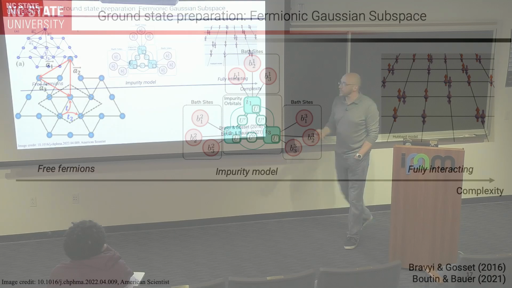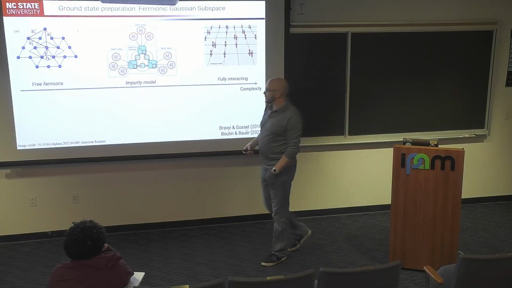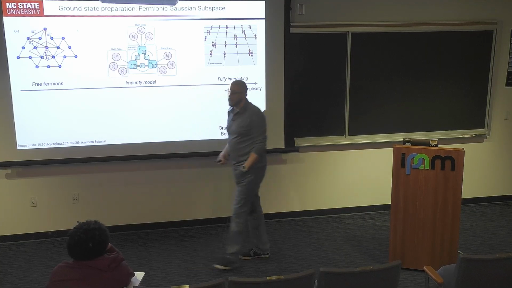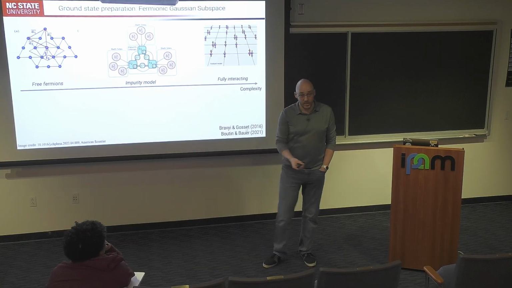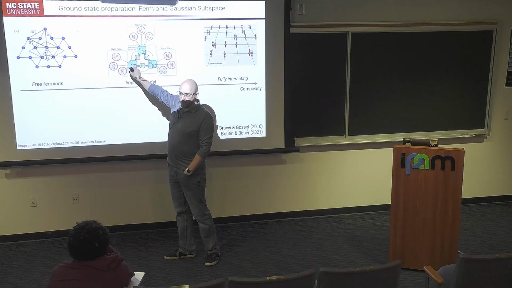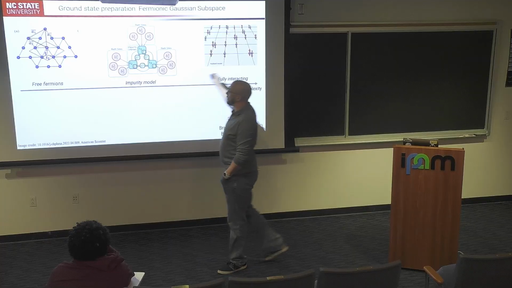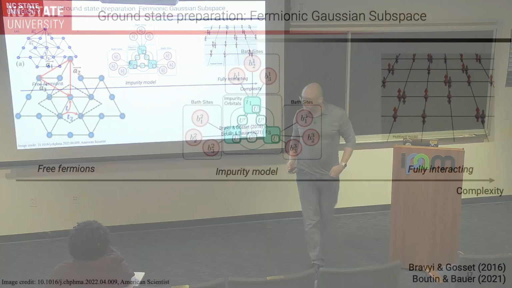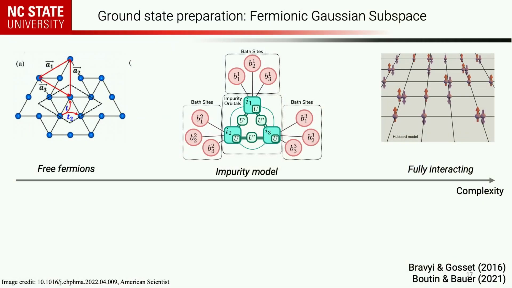How do I quantify this? What I can count is how many Gaussian, how many free fermionic states I need to represent the ground state of this impurity model as a function of how many impurity sites I have and that sort of stuff. There was some lovely work by Sergey Bravyi on this.